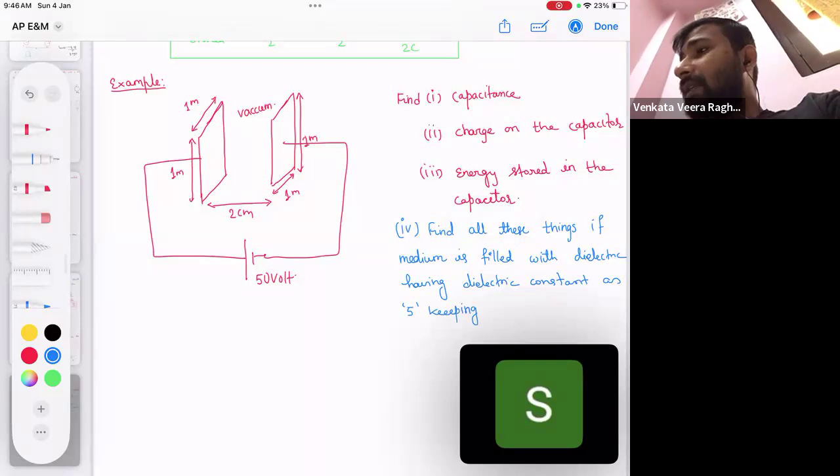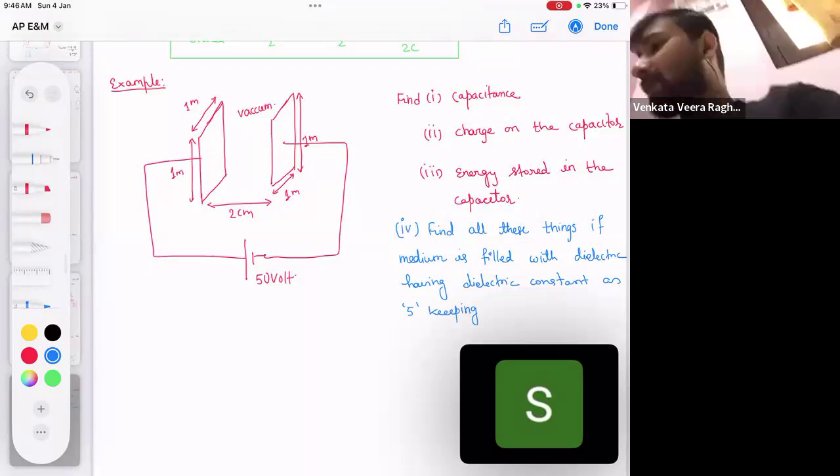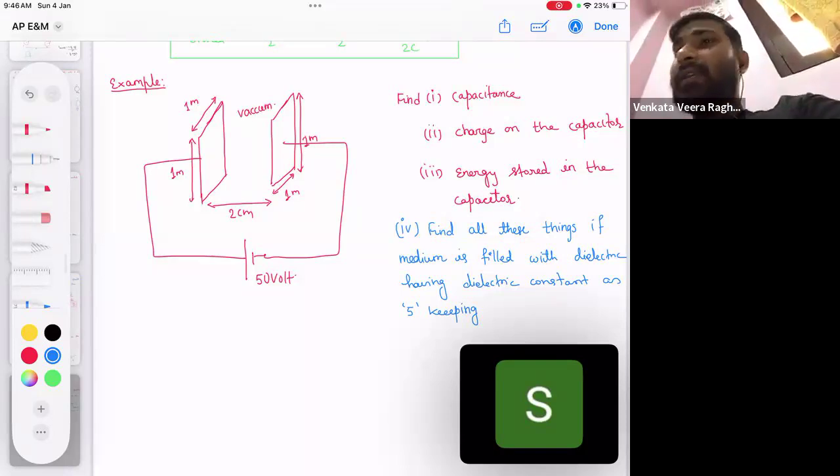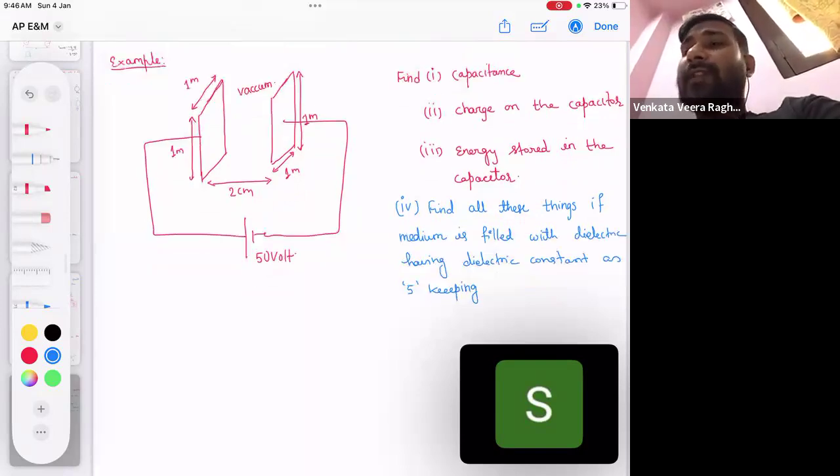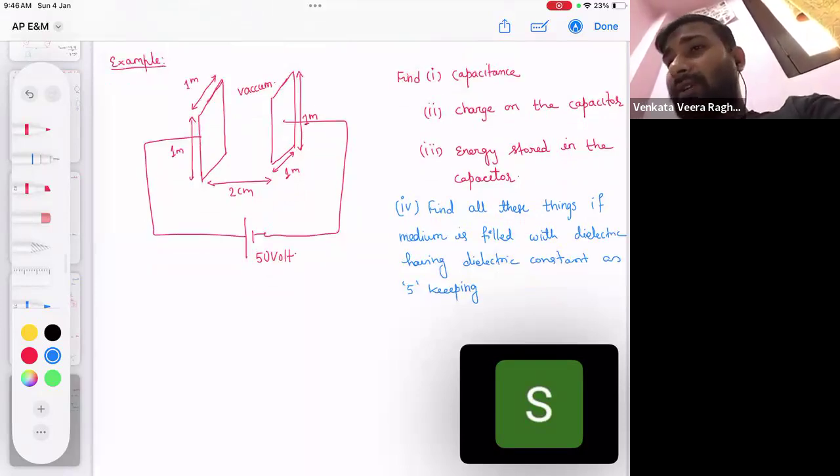Please keep in mind, this will become a completely different question if the battery is disconnected and then the dielectric is introduced. But here, we are keeping the battery connected, and the dielectric is going to completely fill the space. Keeping the battery connected in the circuit.